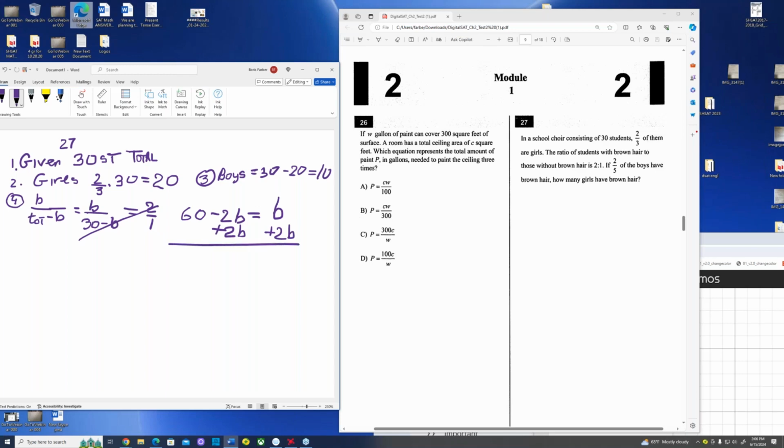I got 60, cancel out, equals 3b. And this is brown, not boys, brown. If we divide by 3 both parts, I get brown equals 20. This is brown.